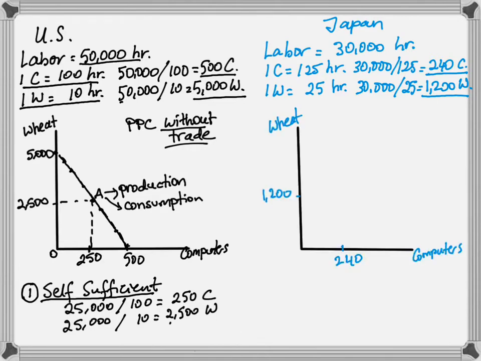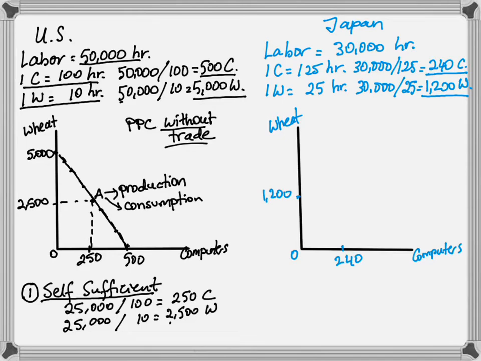And of course, we can put that information on Japan's production possibilities curve. So if we use all the resources to produce wheat, we can produce no computers but 1,200 tons of wheat. That's this point here. If we use all the resources to produce computers, we can produce 240 computers but no wheat.